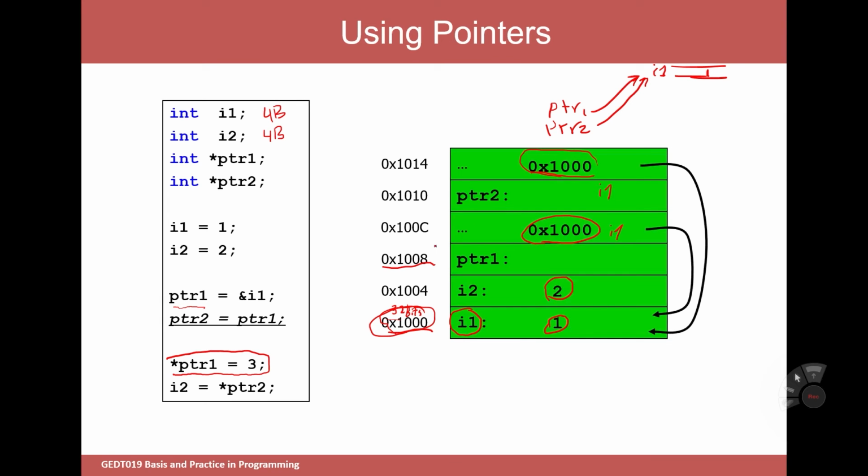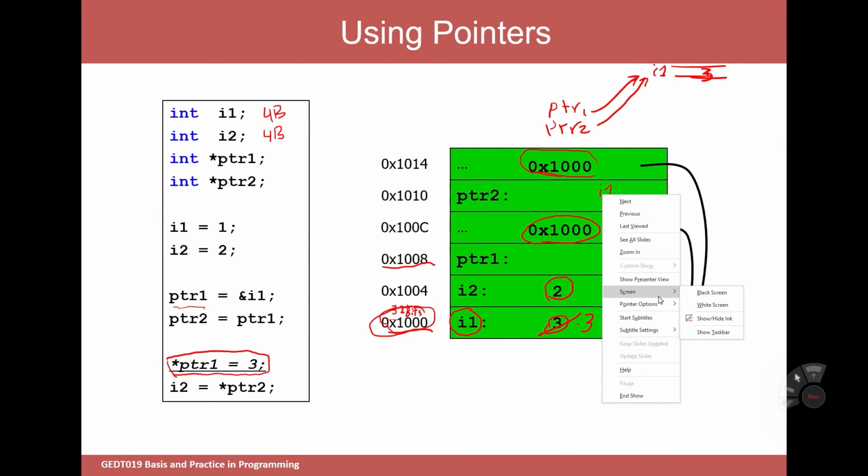That's okay, no problem. Now I say the dereferencing of pointer 1 equals 3. That means this 3 will go as a value to where this pointer is pointing to. So it will go here and change this one to 3. Yes, it's changed to 3. Okay, let me clear the screen.